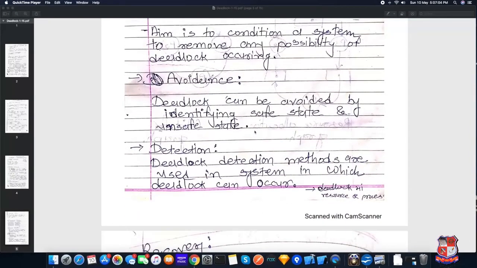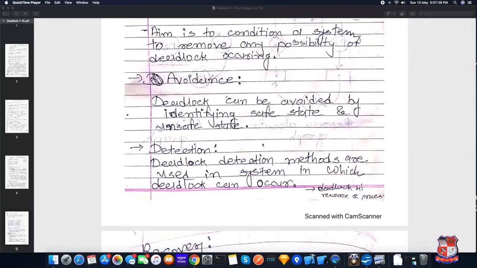Deadlock avoidance means deadlock can be avoided by identifying the safe state or an unsafe state, and we can find out the safe state and unsafe state by using the Banker's algorithm. I will explain what the Banker's algorithm is. It is useful for deadlock avoidance.